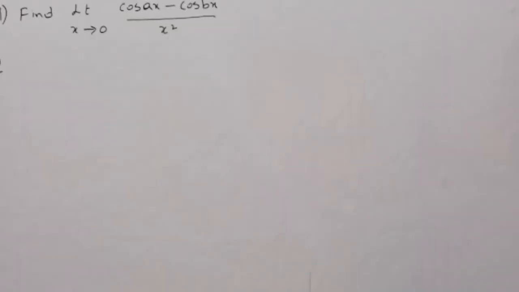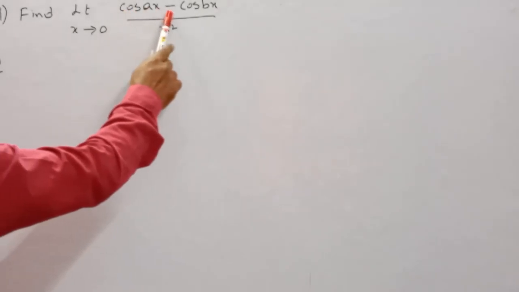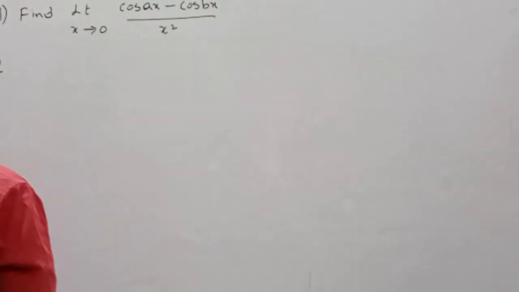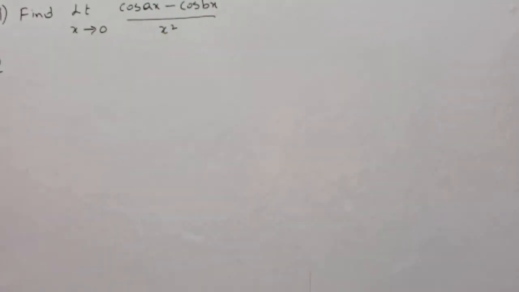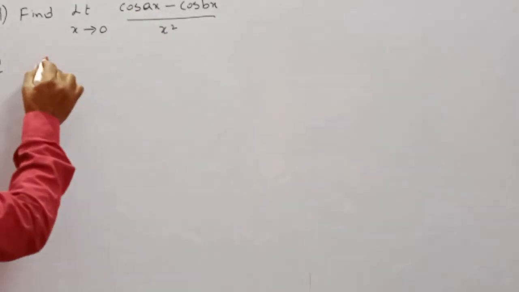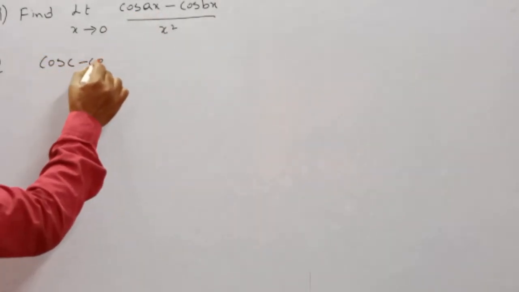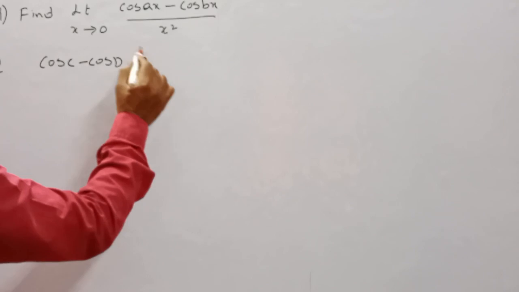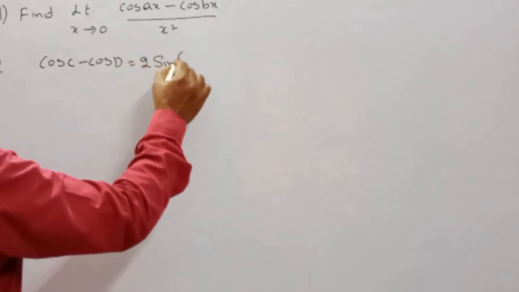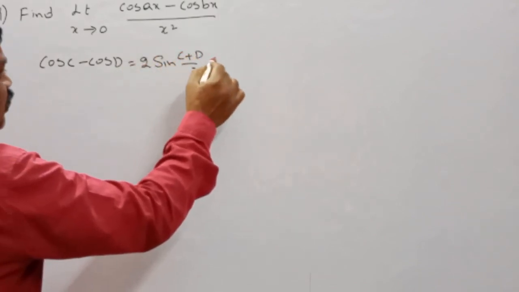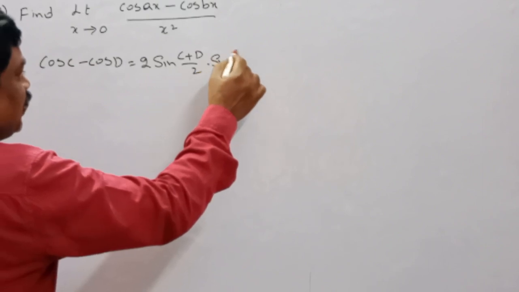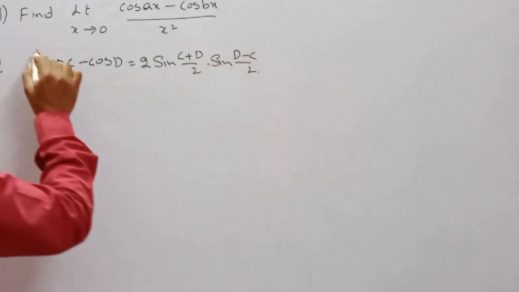Here we have the problem. Find the limit x tends to 0 of cos ax minus cos bx by x square. So here this is in the form of cos c minus cos d is equal to 2 sin (c plus d) by 2 into sin (d minus c) by 2.